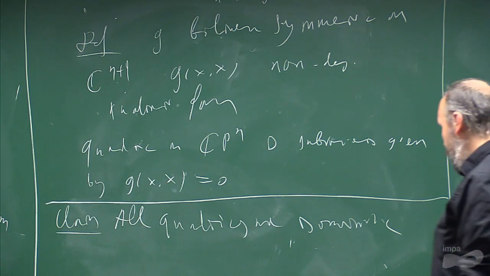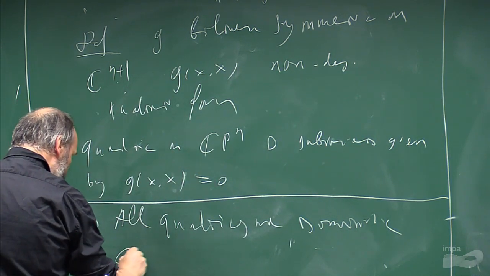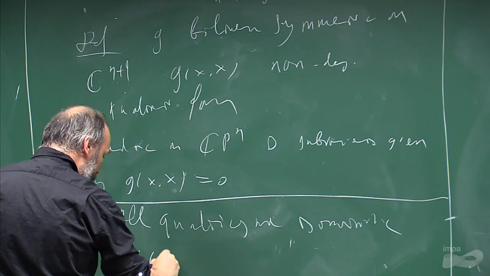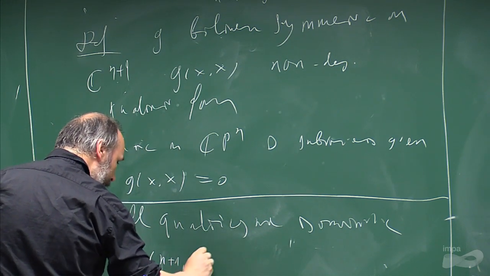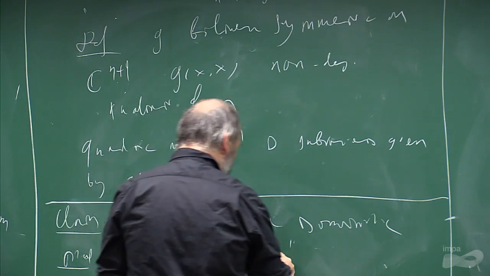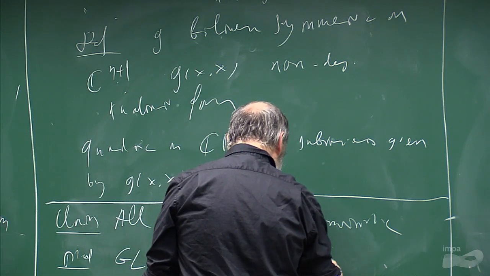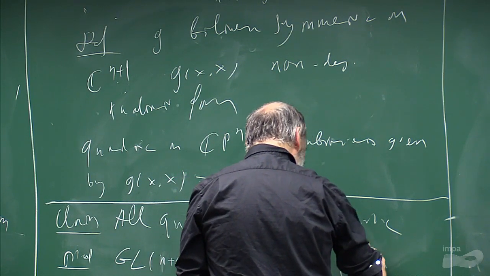So the idea of the proof is that GL(n+1, C) acts transitively on non-degenerate quadratic forms.